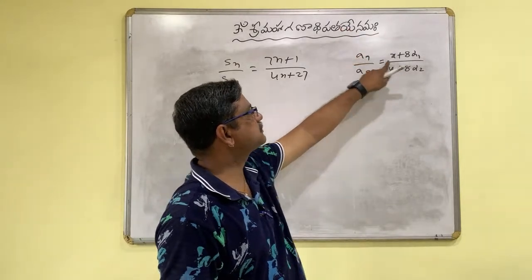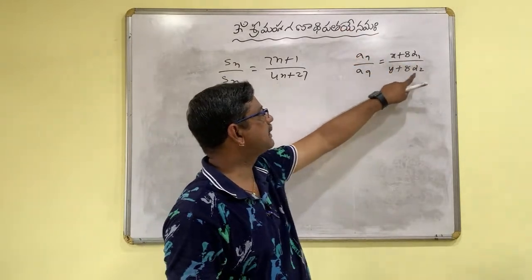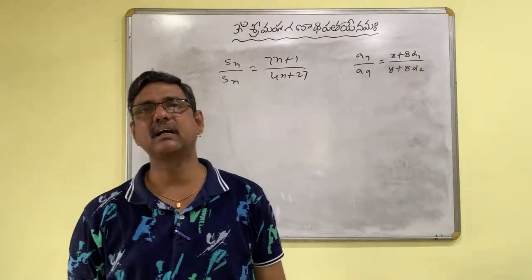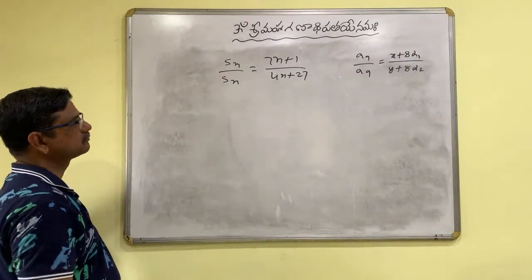So the ninth terms are x plus 8d and y plus 8d, where the common differences may be different, so instead of d I am taking d1 and d2. Okay? Now see here.